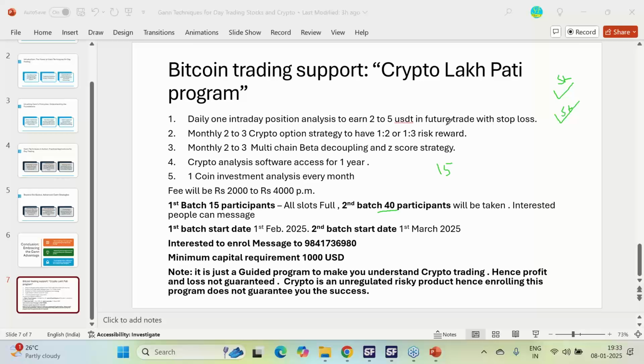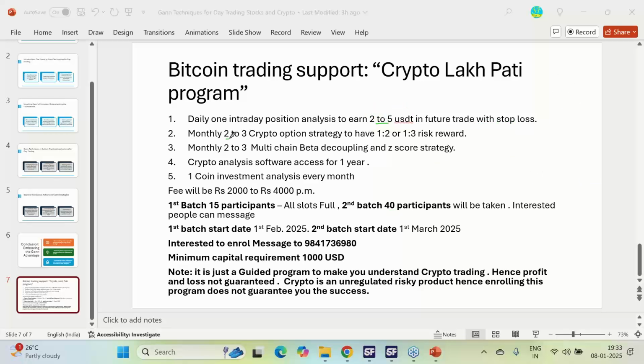Then, analysis as per our software will be given for a couple of days, so that you should earn some 2 to 5 USD, but do not think that it is a guarantee. A stop loss effect will also be there, the way I have done the analysis of Bitcoin. The software will suggest, and we will be with you to make this earning possible for you. That is the first part.